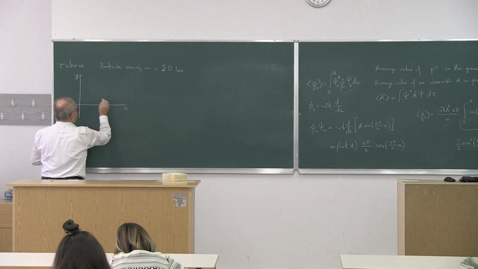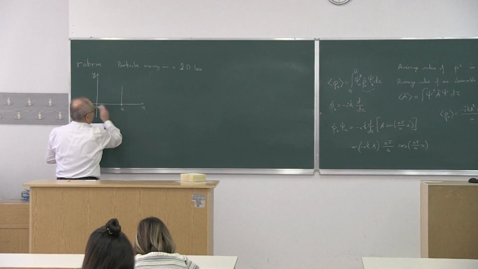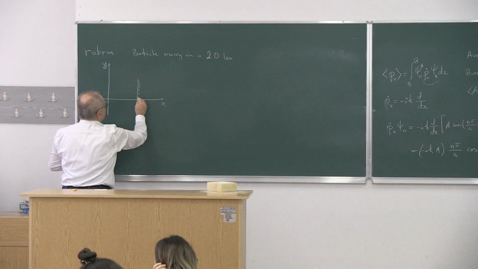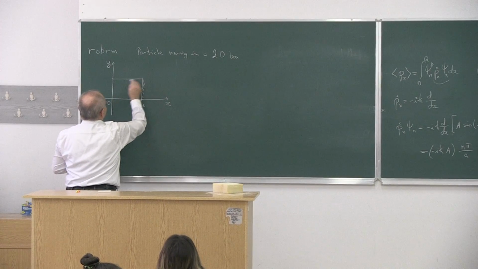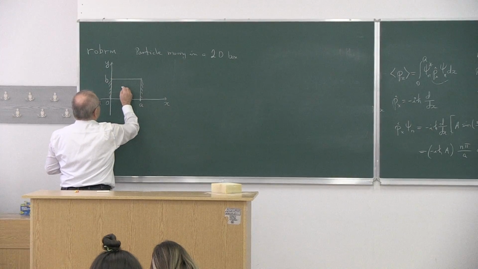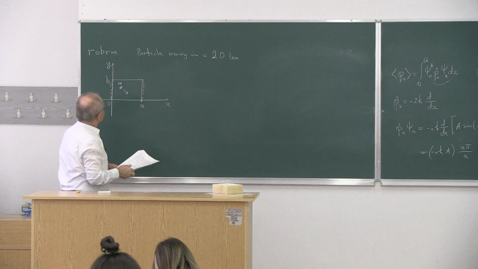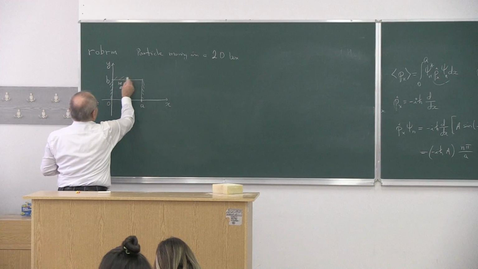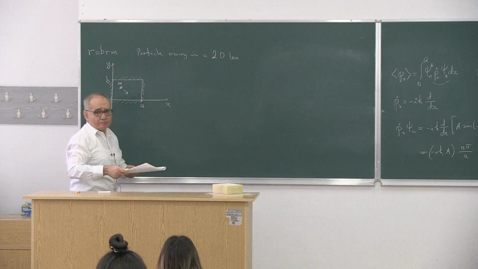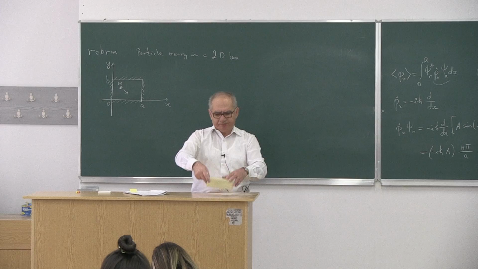we have a box, a wall, restricting the motion along the x direction. So the situation is we have a two-dimensional box.